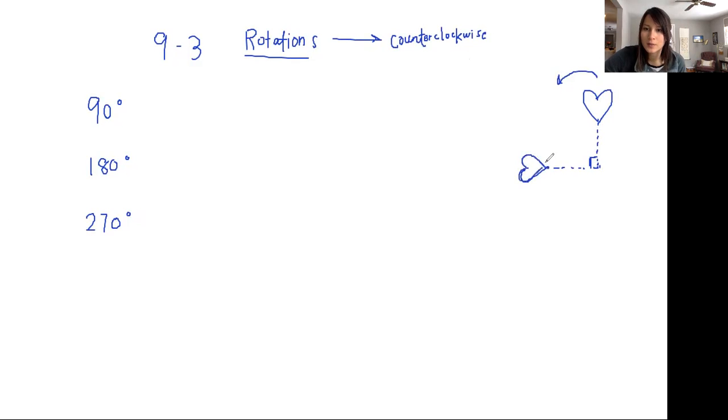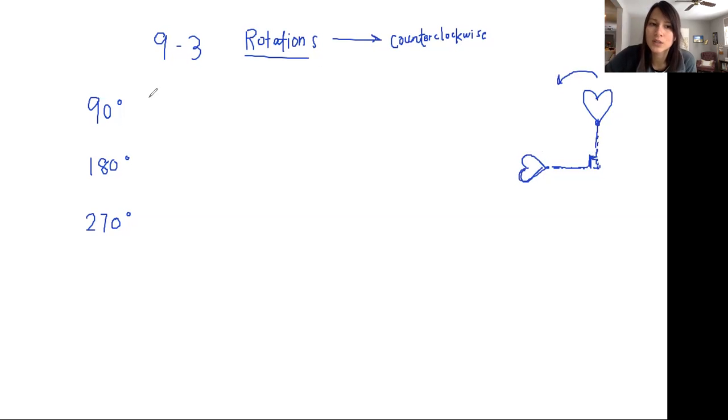You can see from a point to another point, if you connected the corresponding points of this shape and connected them to the point of rotation, you would see that it makes a 90-degree angle. And so that's kind of how you can tell how far your rotation should go. When you're freehand drawing it, you would use a protractor and measure this degree out.